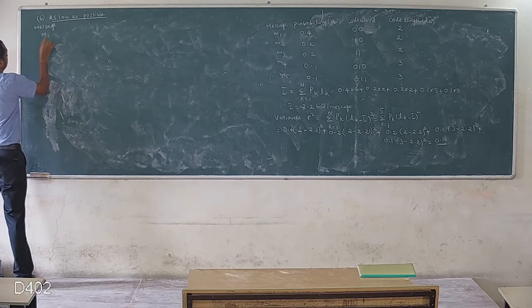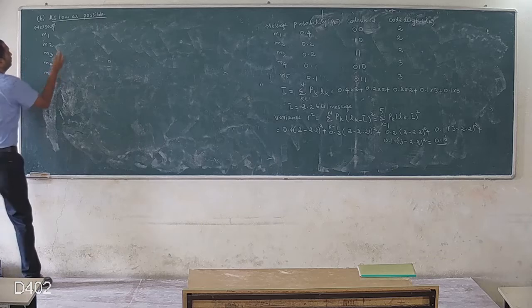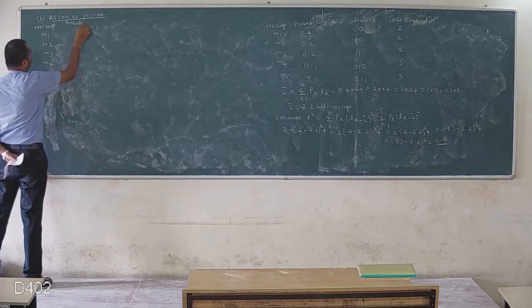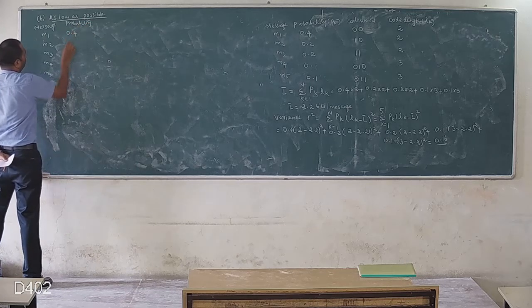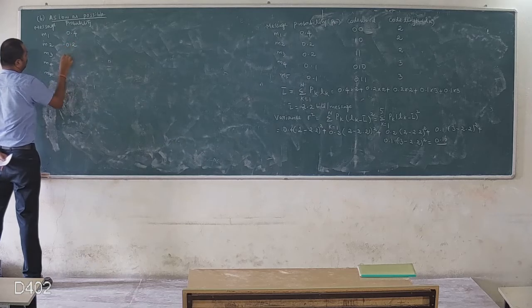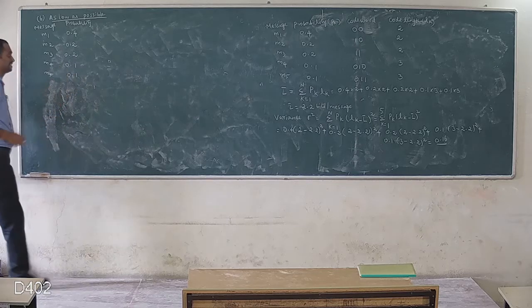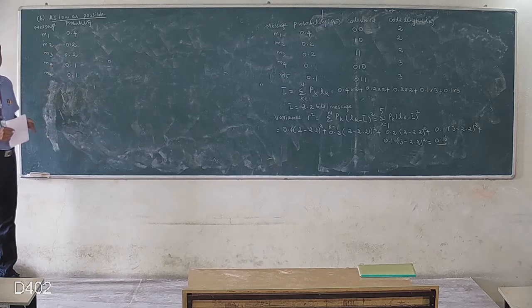There are 5 messages: M1, M2, M3, M4, M5 with the probabilities 0.4, 0.2, 0.2, 0.1 and 0.1. Since the messages are in descending order, I have taken them as they are. Otherwise, you have to write them in decreasing order.